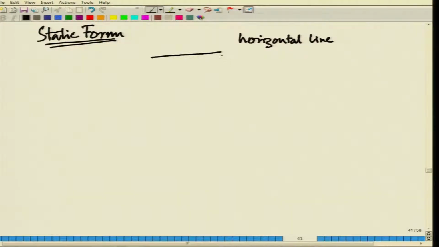So, if we have a human figure placed in a horizontal formation, for example, there is an area, it has a figure which is in a sleeping position. So, a form based on horizontal line will give us a sense of inactivity.